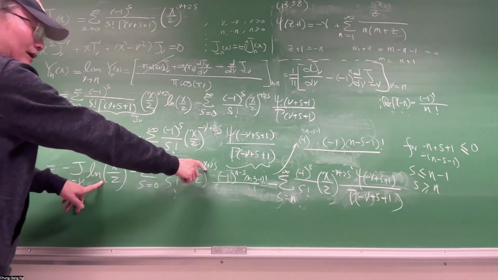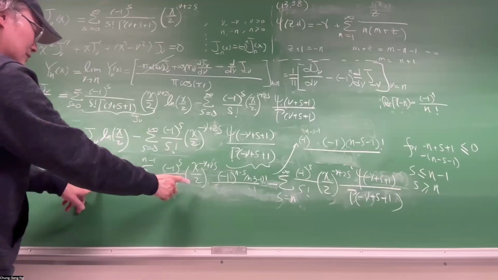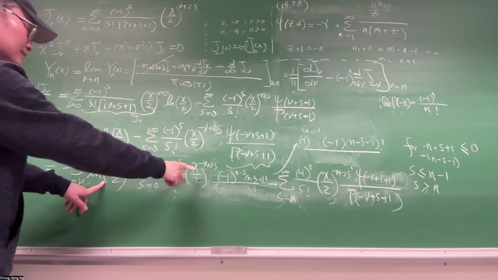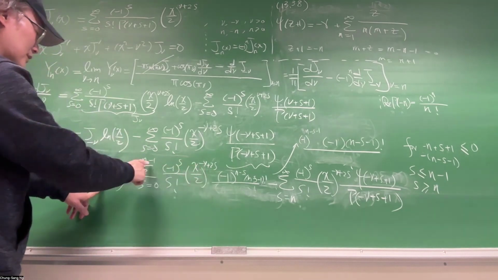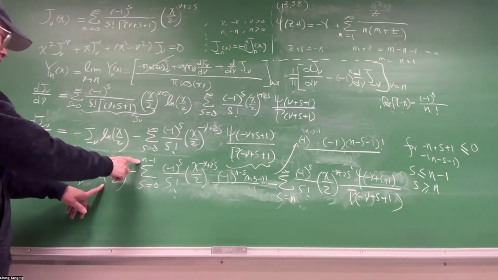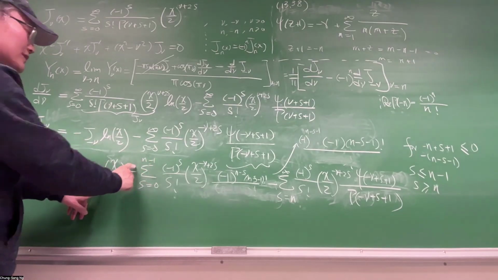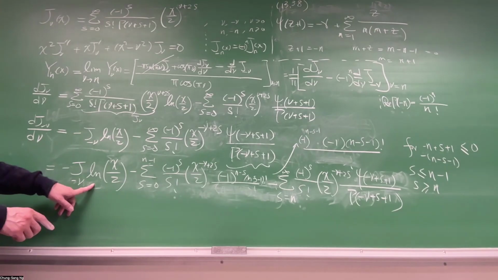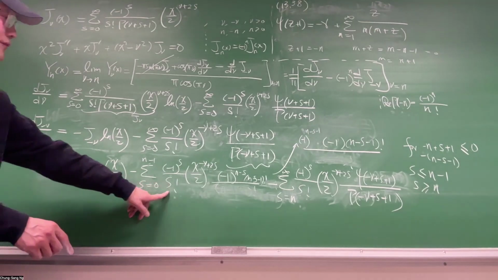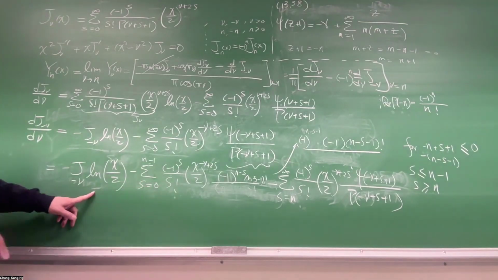You have x to the power minus n, which is all singular, except when nu equals 0. When nu equals 0, you're summing over 0 to minus 1, which means that you don't have this term. For nu equals 0, or y sub 0, you don't have the second term. You only have the log term.